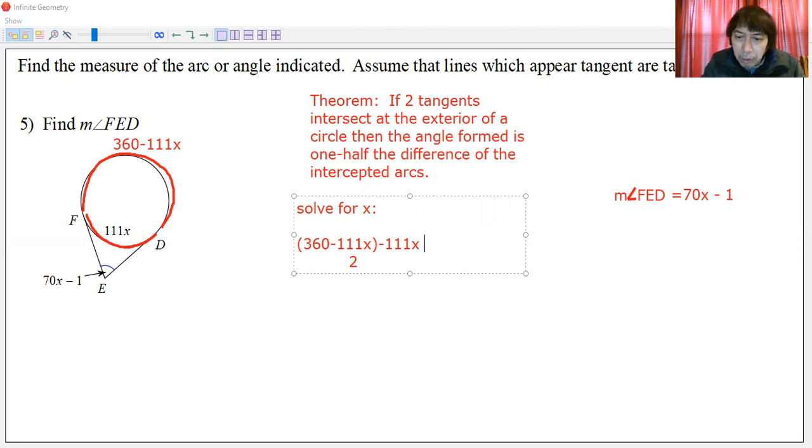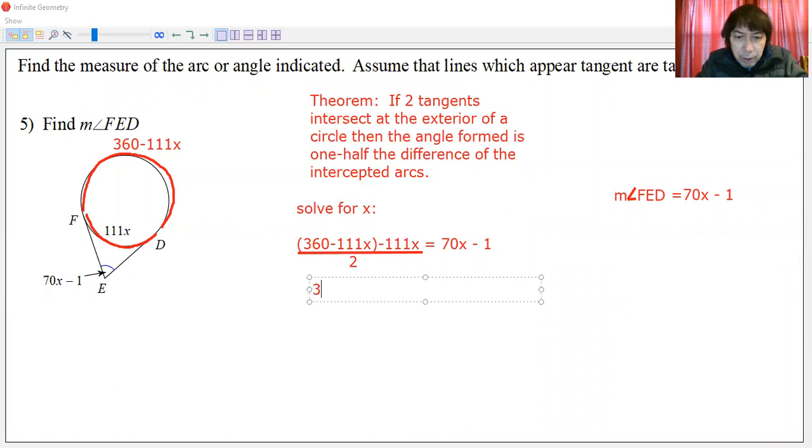This will be equal to the angle, and our angle is 70x minus 1. So this is our working equation. Solve for x first.